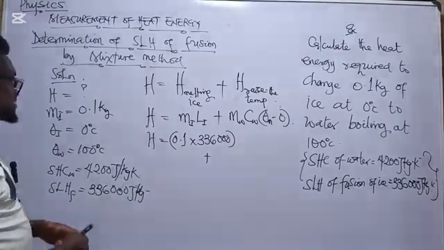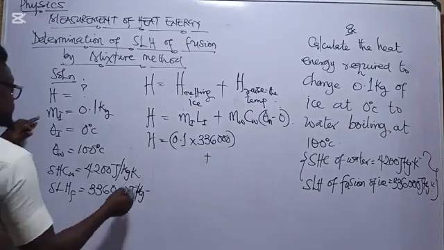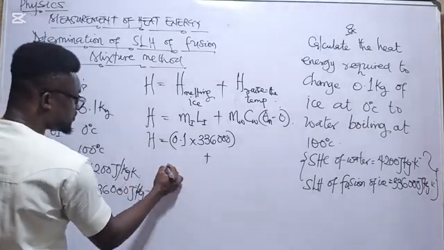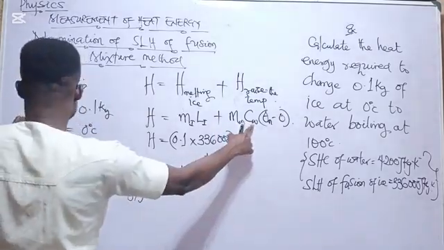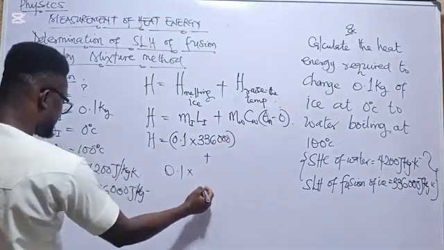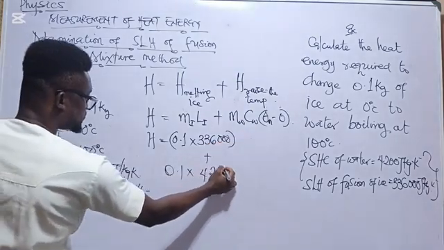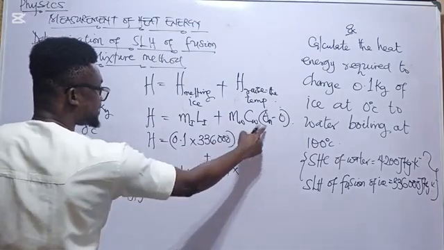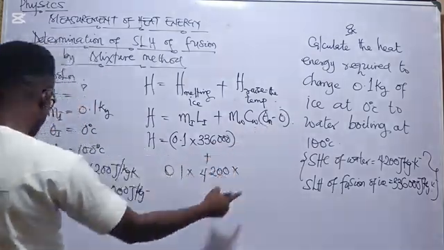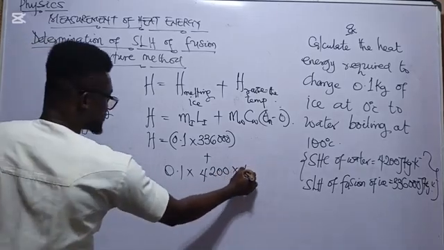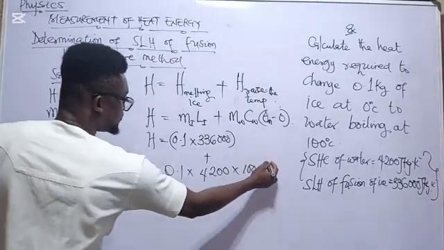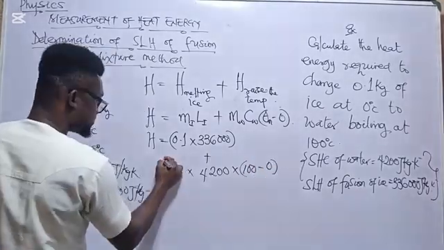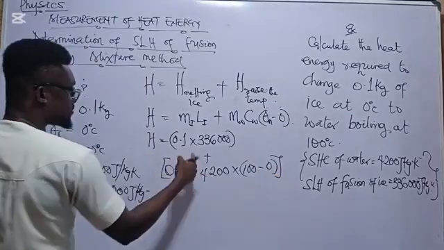So the mass remains constant. So we have 0.1 times specific heat capacity of water, 4,200, then times the temperature difference. The final temperature of the water is 100 minus the initial temperature before the melting, which is 0. So we have to add these two.